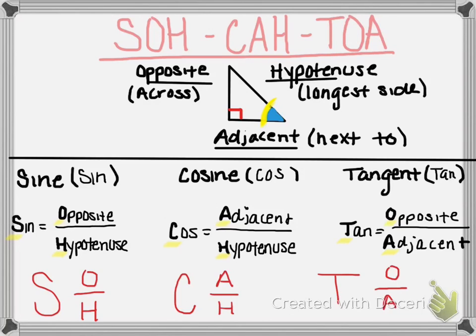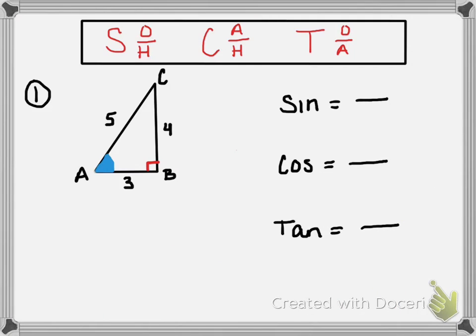We're going to use that to help us with a bunch of these problems. Notice that I put Soh-Cah-Toa right at the top of your paper, and I put it next to every example just to make sure that you have it next to you. It's not something that you'll have to memorize, but you'll probably get used to it as we go through them.